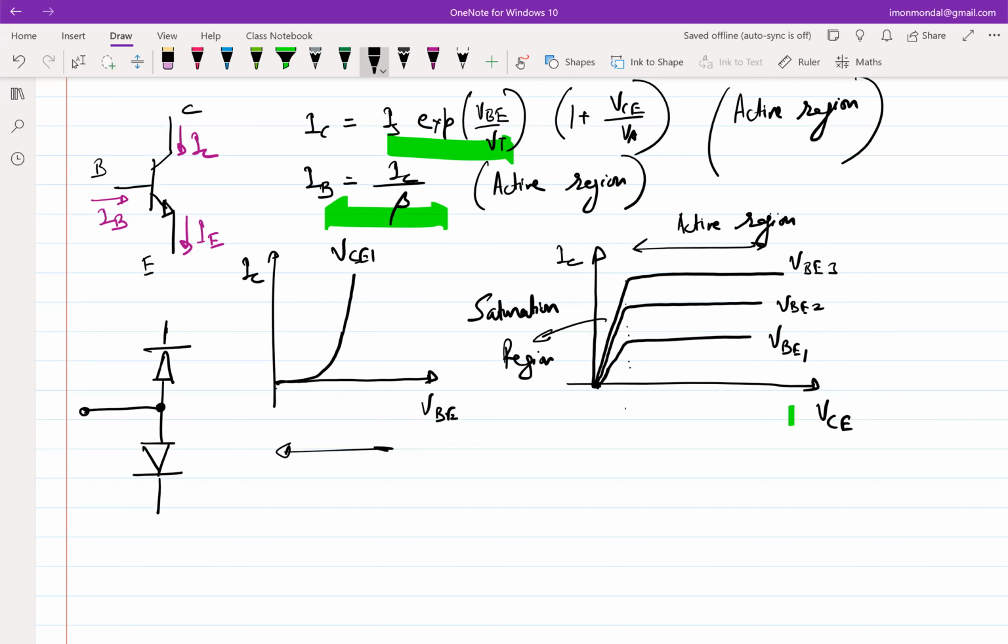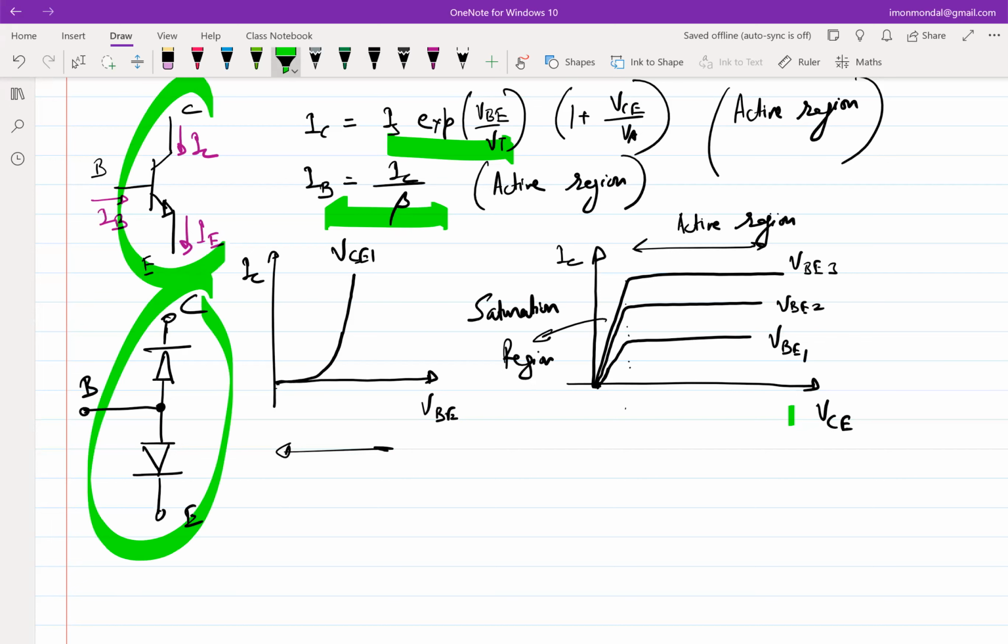It's not like you can slap together any two diodes and it will work. Then you can say, if I call this C, this is E, this is B. Very crudely, these two diagrams are equivalent.